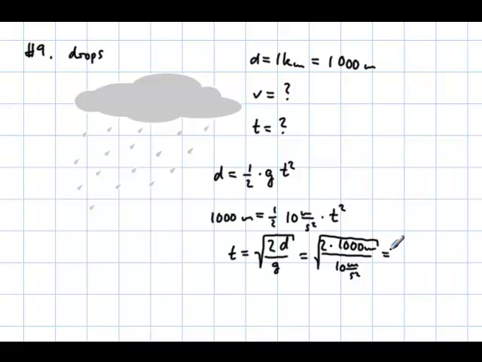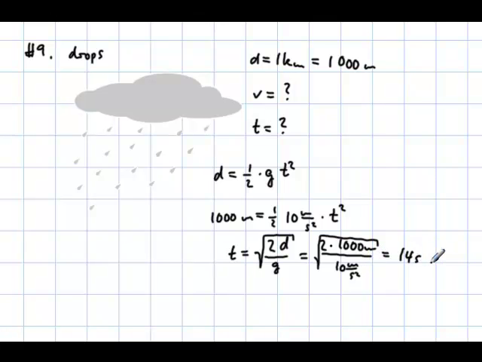1,000 divided by 10 is 100, times 2 is 200, square root of 200, do that on the side, you come up with 14 point something. I round it to 14. And then it's meters divided by meters, and then the second squared in the denominator appears in the numerator. Take the square root of second squared, that's just seconds.